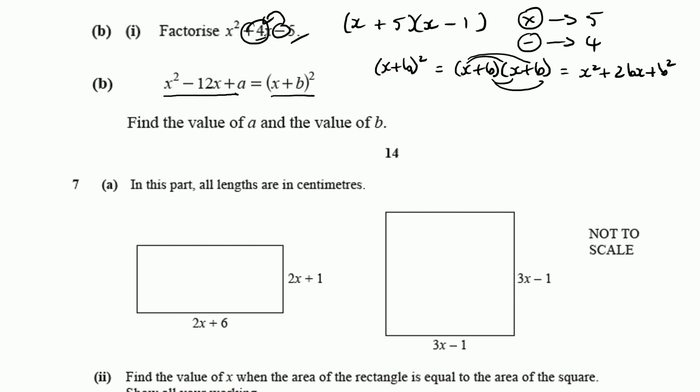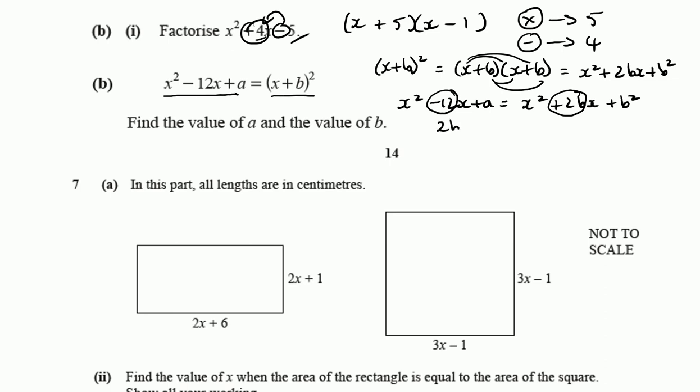So now I'm going to compare x squared minus 12x plus a to x squared plus 2bx plus b squared. So, if we look at the x's on both sides, minus 12x has to be the same as 2bx.